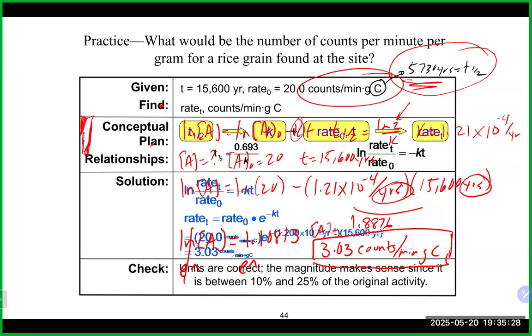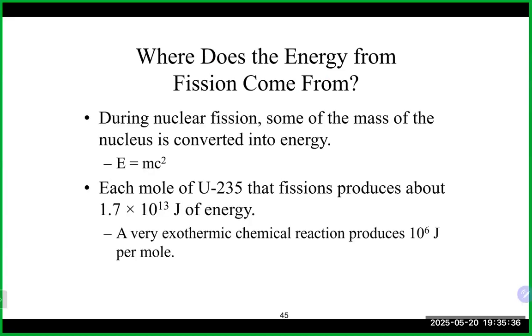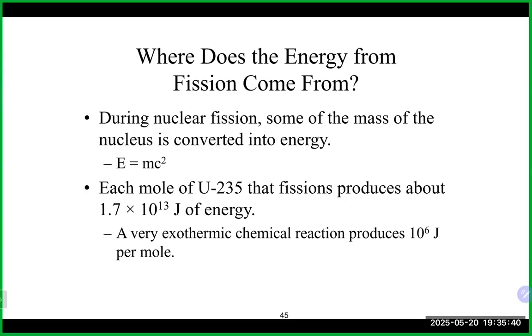That's good. All right, so now we're going to talk a little bit about where the energy from fission comes from. A reminder, I think we talked a little bit about fission last time. Fission is basically the idea where you have an unstable nucleus, and that can occur naturally. It could also occur by you shooting something into it, as we might have talked about last time, that makes it unhappy.